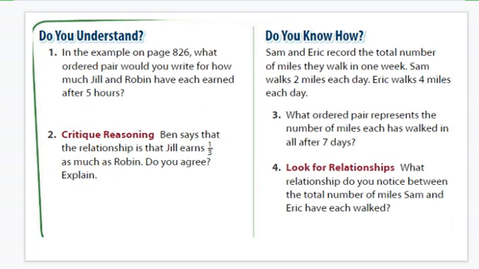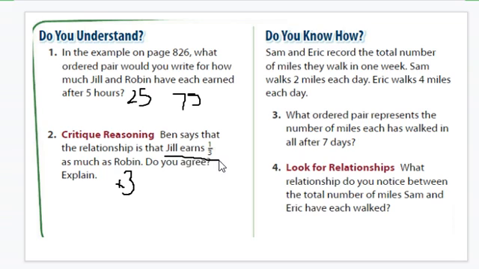And let's go back over to the classwork here. So Jill is 25 and Robin is 75. Okay. So Ben says that the relationship is that Jill earns 1/3 as much as Robin. Do you agree? Well, we said that Robin always earns 3 times more than Jill.